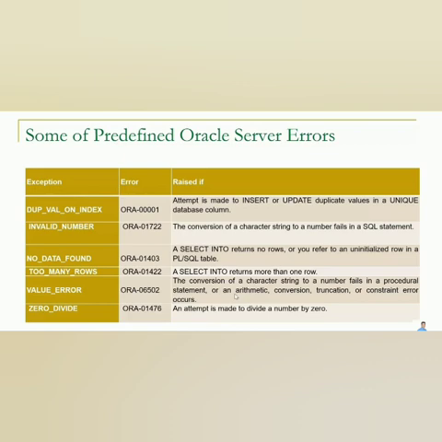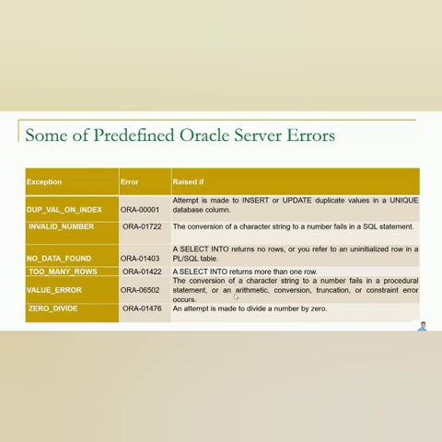It occurs if an attempt is made to insert or update duplicate values in a unique database column. That is, we are inserting or updating duplicate values in that database column. So that is this error.